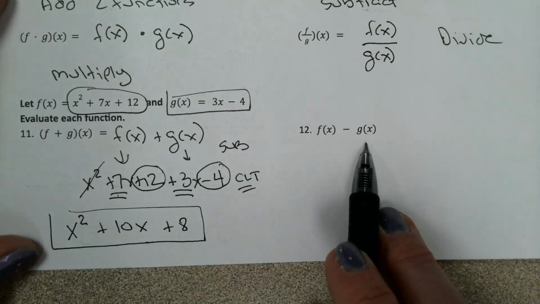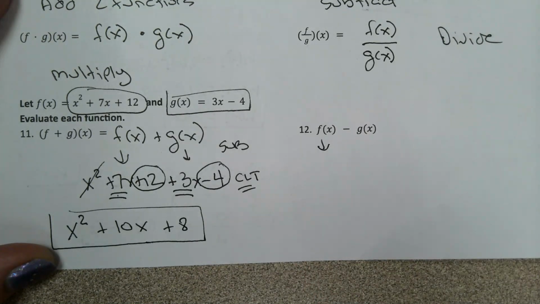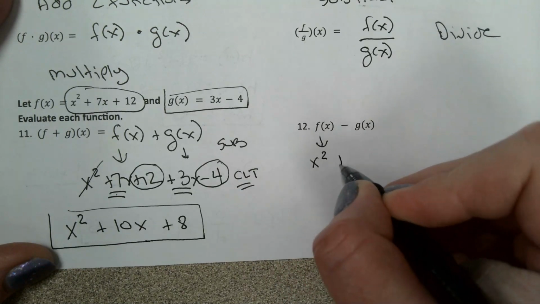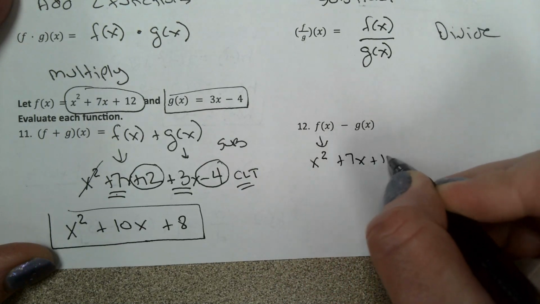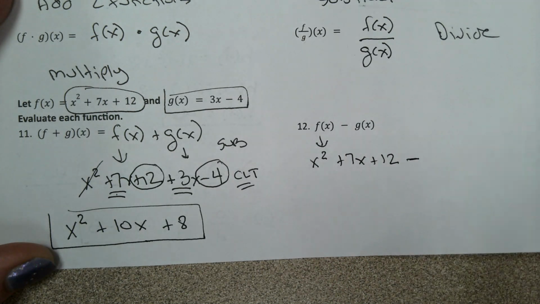This says that you should subtract them. So you have to watch the subtraction ones. So f of x, I'm going to sub in x squared plus 7x plus 12. You bring down your minus sign.